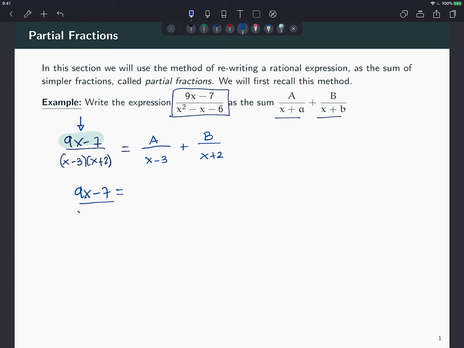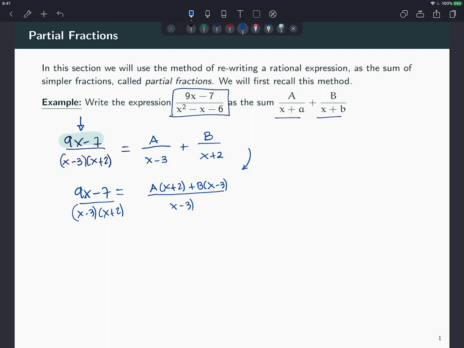I'm going to write it like this. If we can do that, I would have had to combine these two terms. I would have multiplied a times the denominator x plus 2, right? If I combine these terms in the same denominator, I would have to multiply the b times x minus 3.